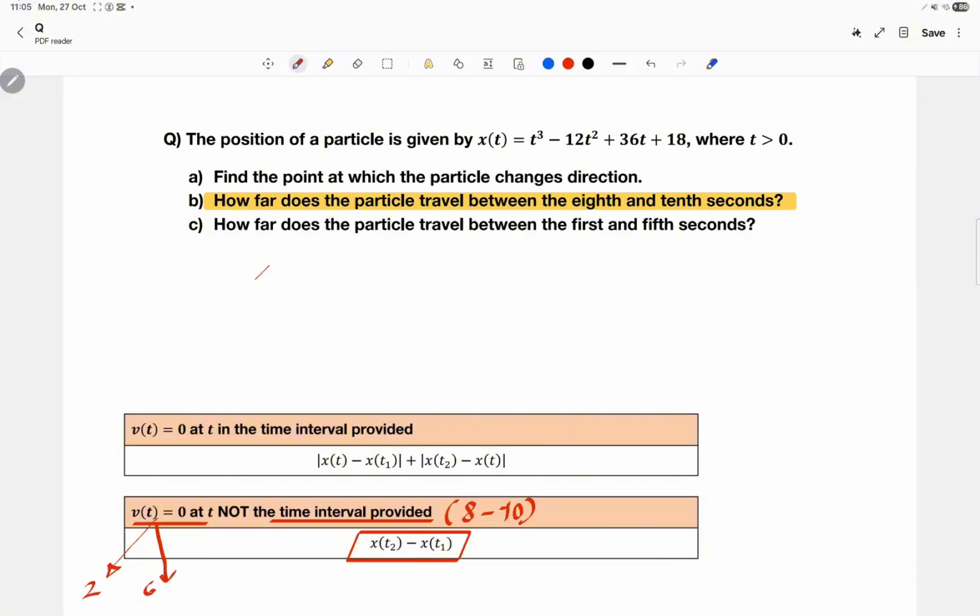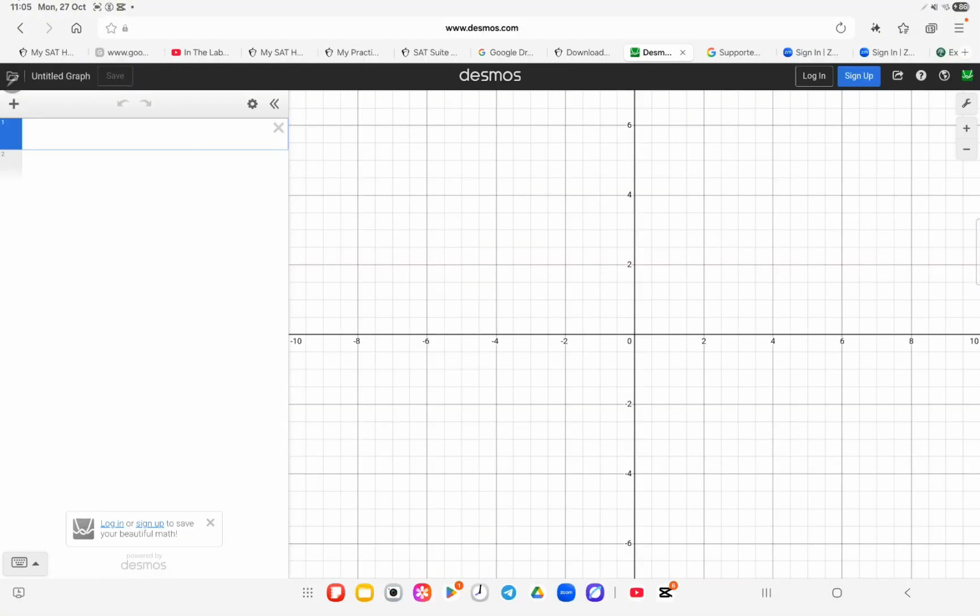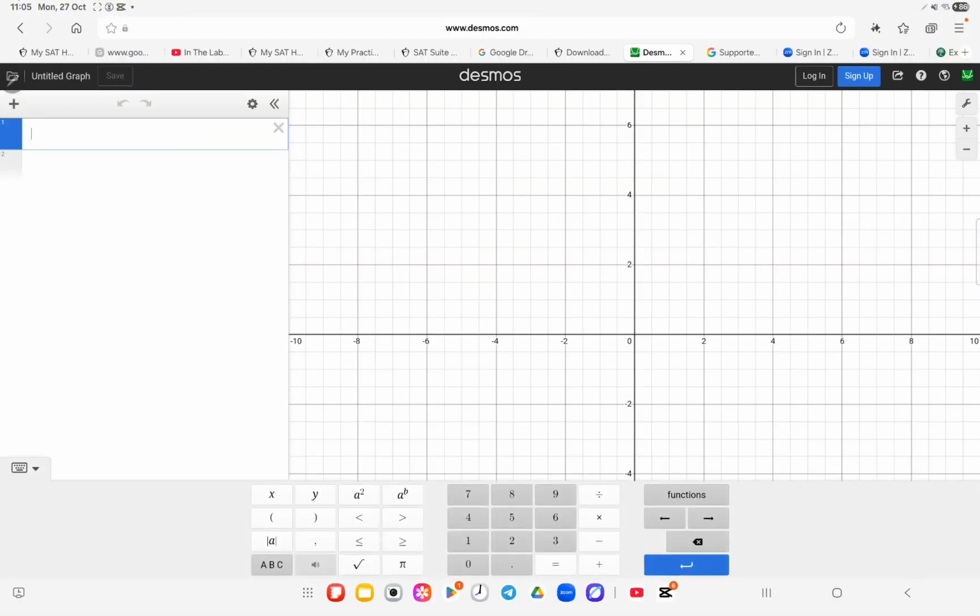So we will just say x at the time of 10 minus x at the time of 8. That means you must go back and you must replace every single time here with a 10, apply the equation, minus replace every single time here with an 8, and apply the equation. Now, assuming that a calculator is allowed, I'll come here and I will write my equation.